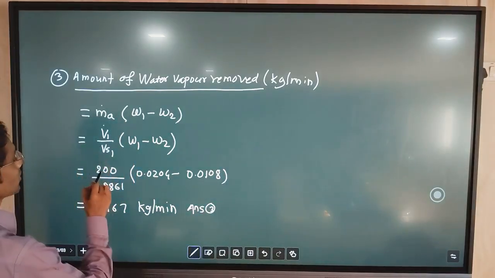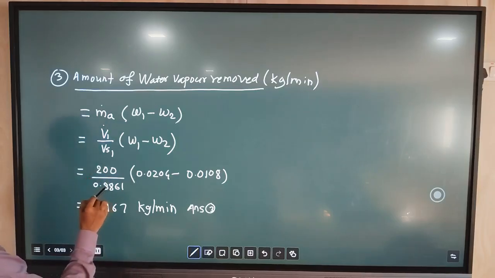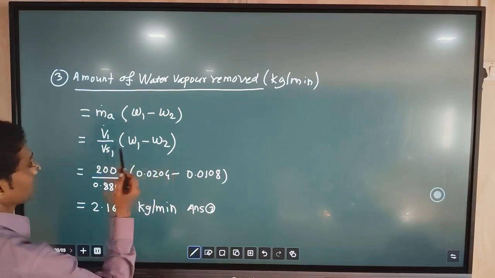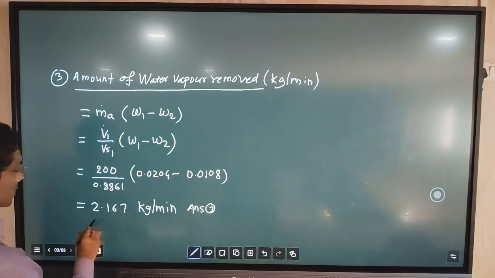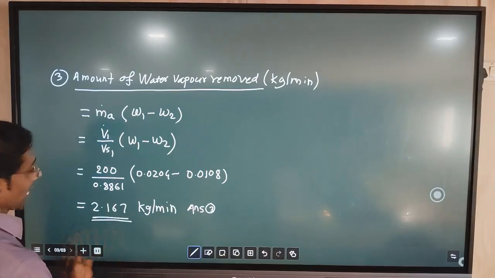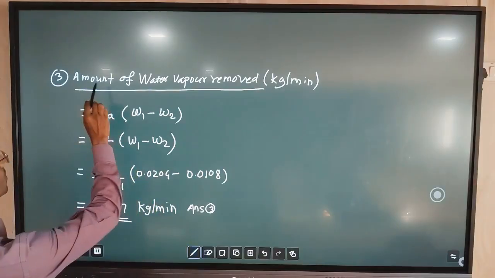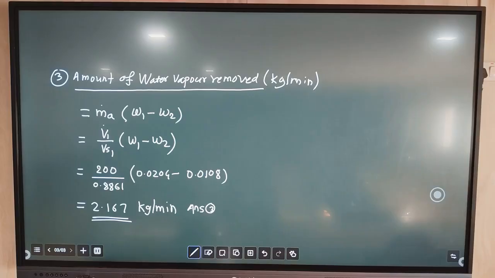So putting the value of this divided by this specific volume obtained from the psychrometric chart, and specific humidities obtained at 1 and 2 we have put, and finally we got this answer number 3 in kilogram per minute, that is for the amount of water vapor removed.